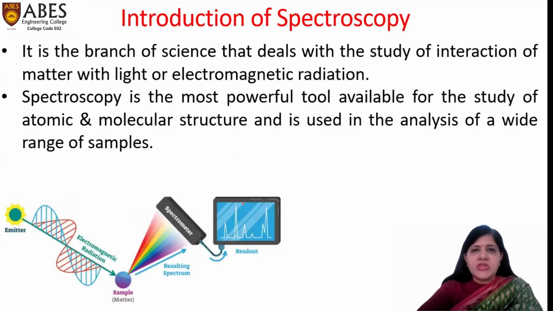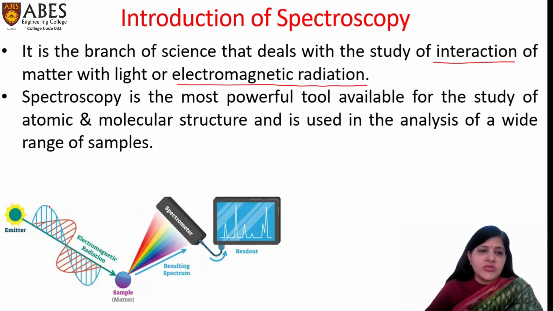So first of all, what is spectroscopy? Spectroscopy is the science in which we study the interaction of electromagnetic radiations with matter. What are electromagnetic radiations? Electromagnetic radiations are those radiations which consist of electric field and magnetic field perpendicular to each other and perpendicular to the direction of propagation, moving at the speed of light.